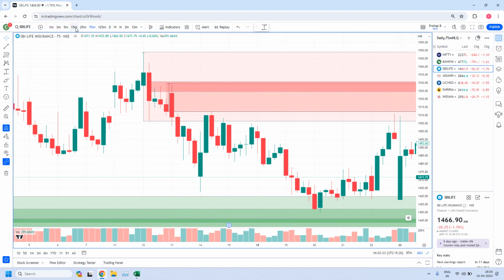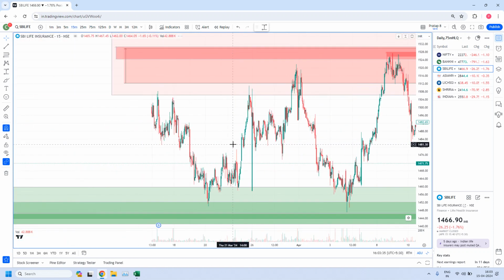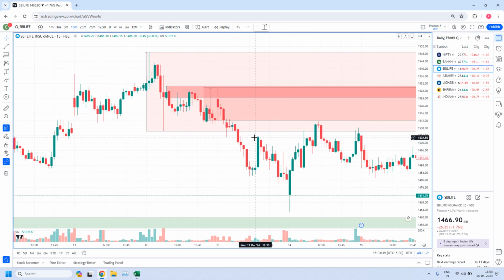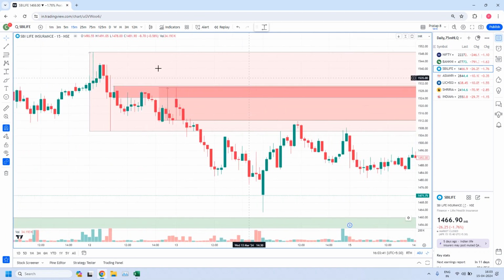Inside, again fine-tuned with a 15-minute zone. So here drop, this is the ERC candle, leg-in, base candle and a drop candle. From here again and again it is picking the orders. That way I assumed this could be a high liquidity 15-minute zone.